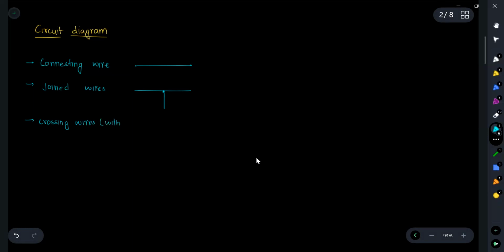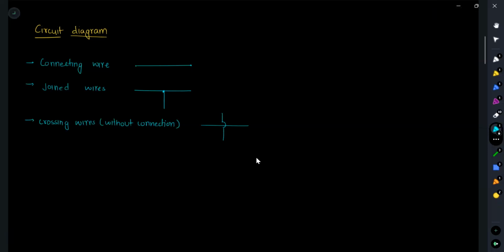So if it does not have connection, you form some sort of a bridge over it. So like this, so that is clearly showing that they are not intersecting. Next, we have a resistor. We'll be studying what a resistor is. A resistor.